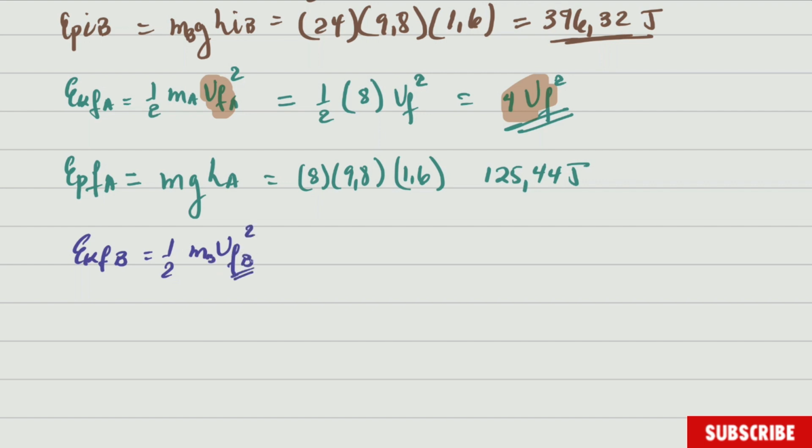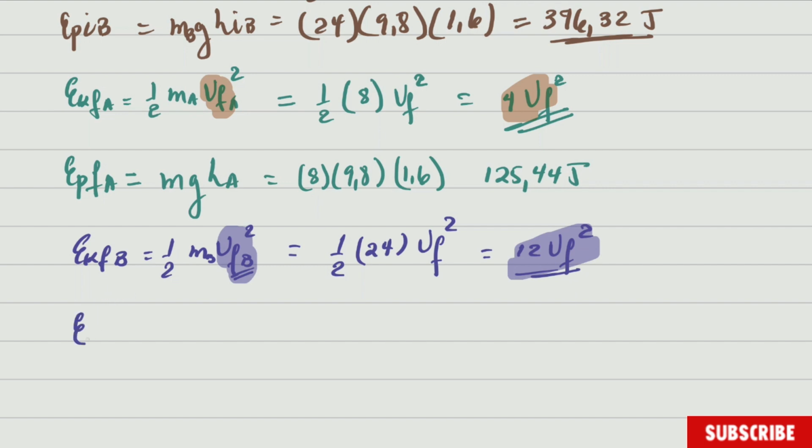Remember I said that the final speed for B is the same as the final speed for A. So when you substitute here, half mass is 24 multiplied by Vf squared, which is going to be equal to 12 Vf squared. All right, we have to stop there because we have an unknown there.